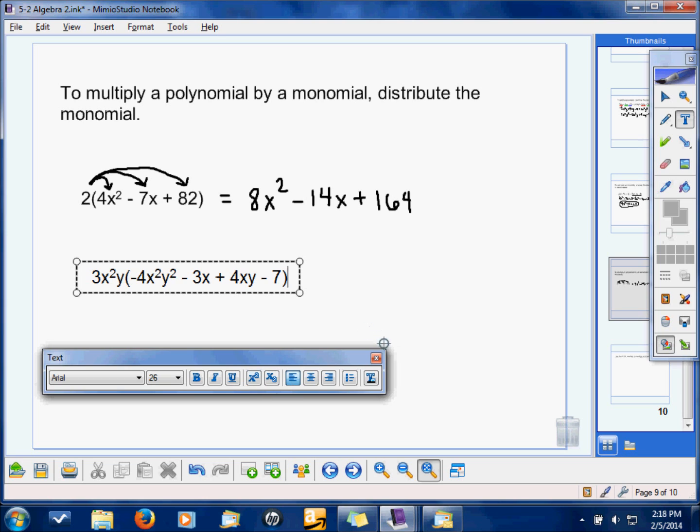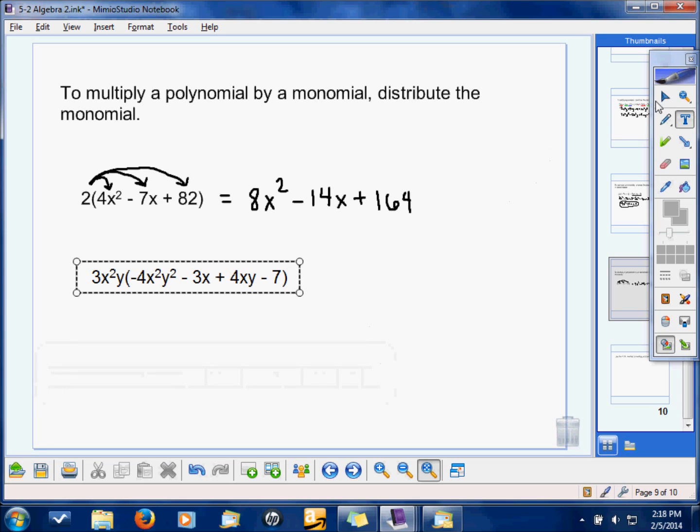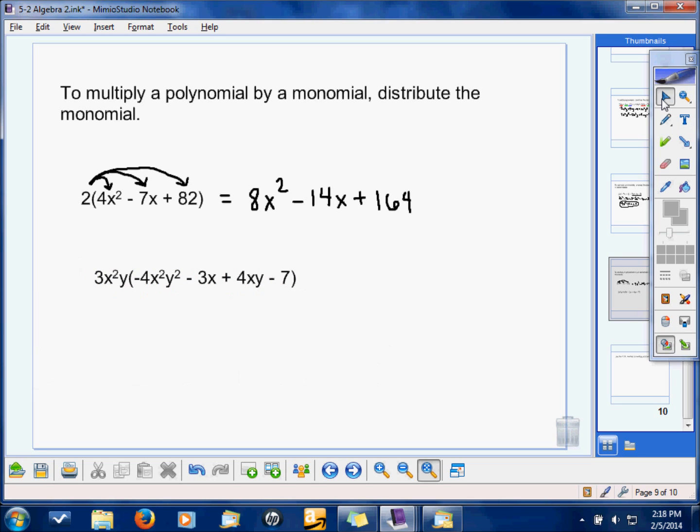Now look, I made it age appropriately difficult, because you're no longer in junior high. You're no longer doing the super simple things. We're in algebra 2 now.